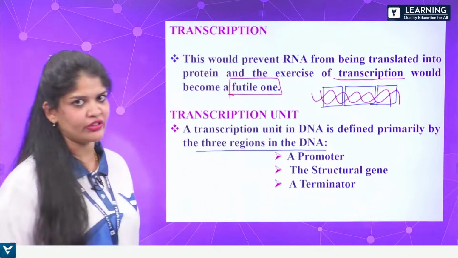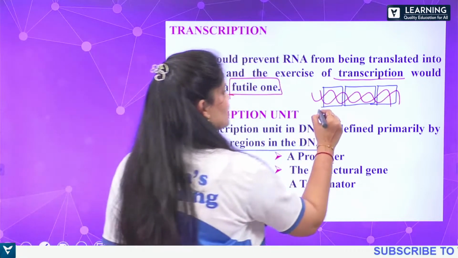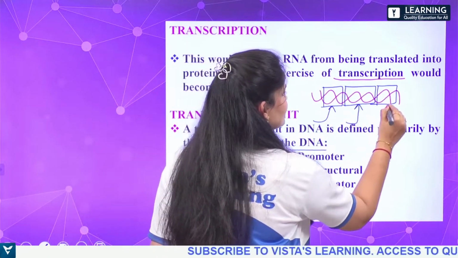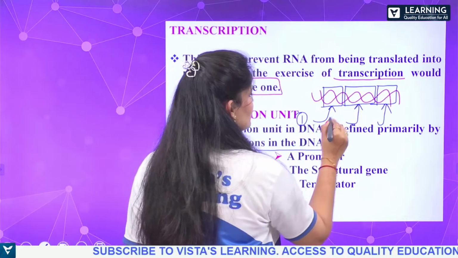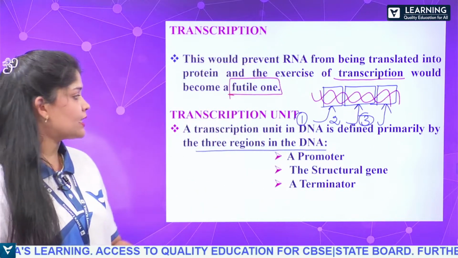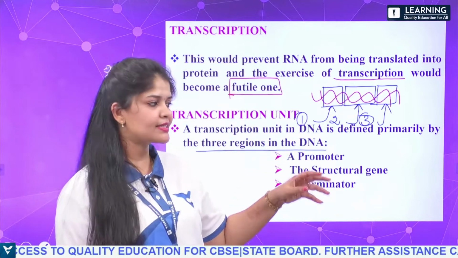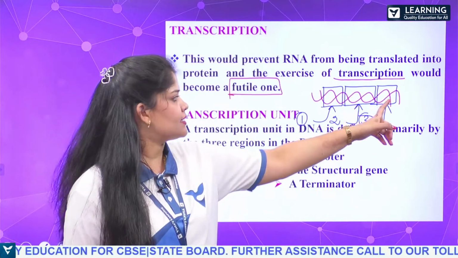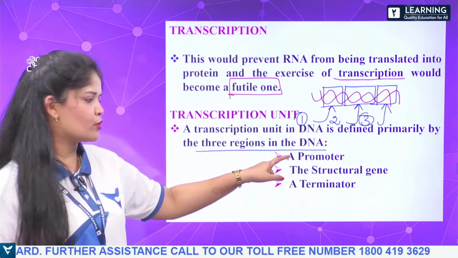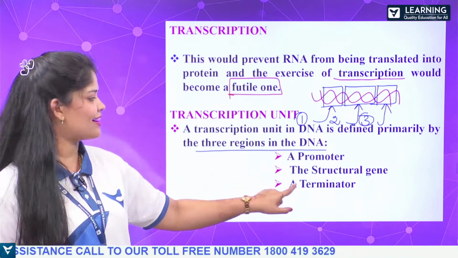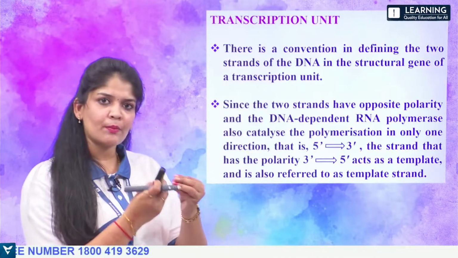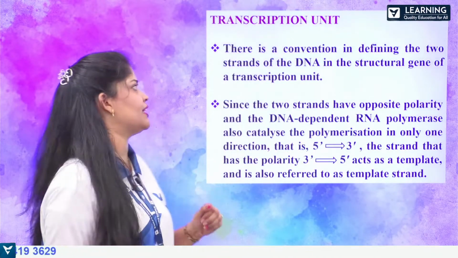The first one is called the promoter, the second one is the structural gene, and the third one is the terminator. The promoter is the site where transcription initiates and the terminator is the site where transcription ends. Let's understand more about the promoter, structural gene and terminator.